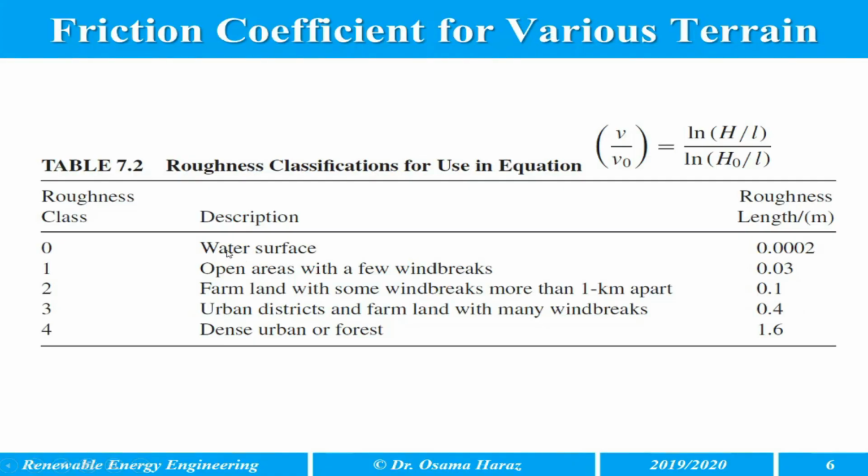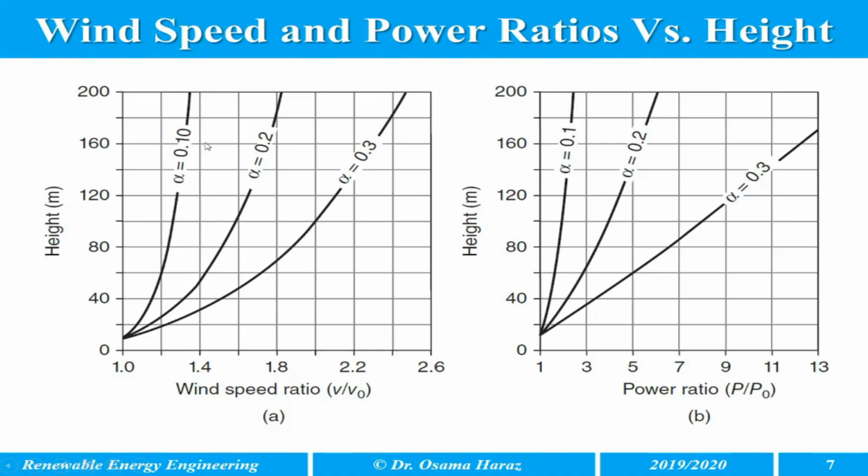There is a roughness class from 0 to 4, 5 different classes: water surface, open areas, farmland, urban districts, and dense urban. And you have different length values, ranging from almost 0 up to 1.6. These two figures show the wind speed and power ratio versus height.